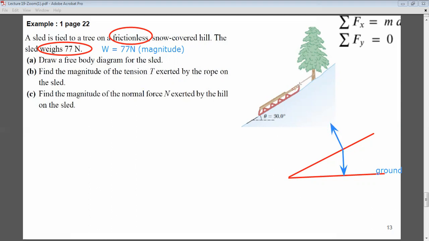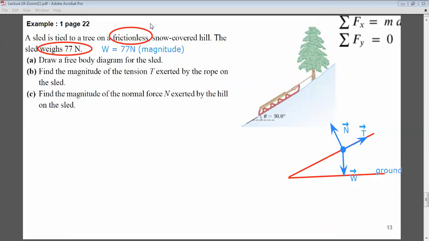And what else do I have? I also have this rope. So I also have tension. So let's name them. I have normal, I have tension, and I have weight. They are all vectors. Okay. What else is given?